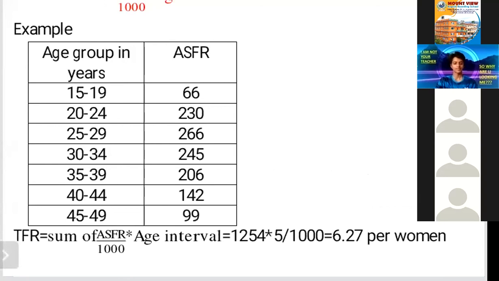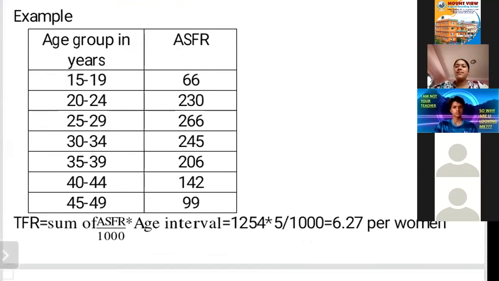Okay, my dear students. After discussing the different formulas to calculate the numerical problems related to the first demographic measurement, fertility rate, okay, Miss Srishti, are you listening to me? Do you have any confusion in these numerical problems?